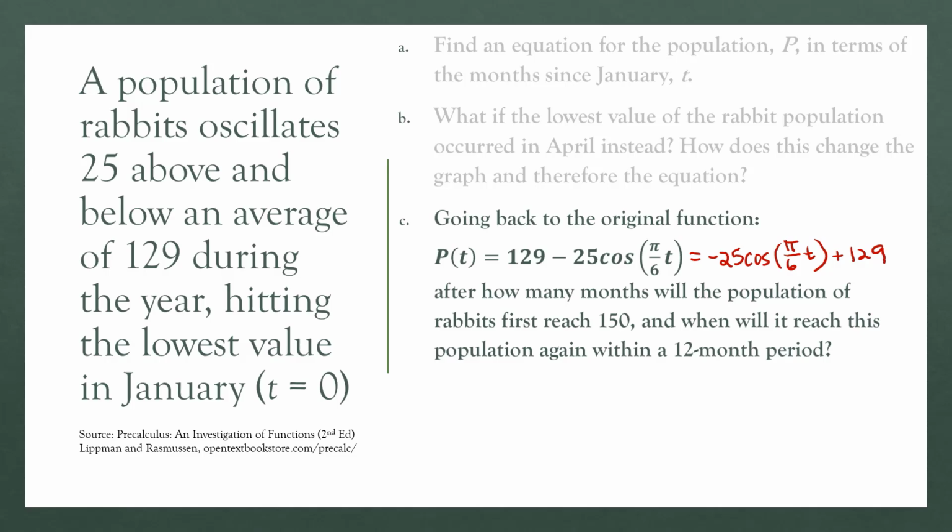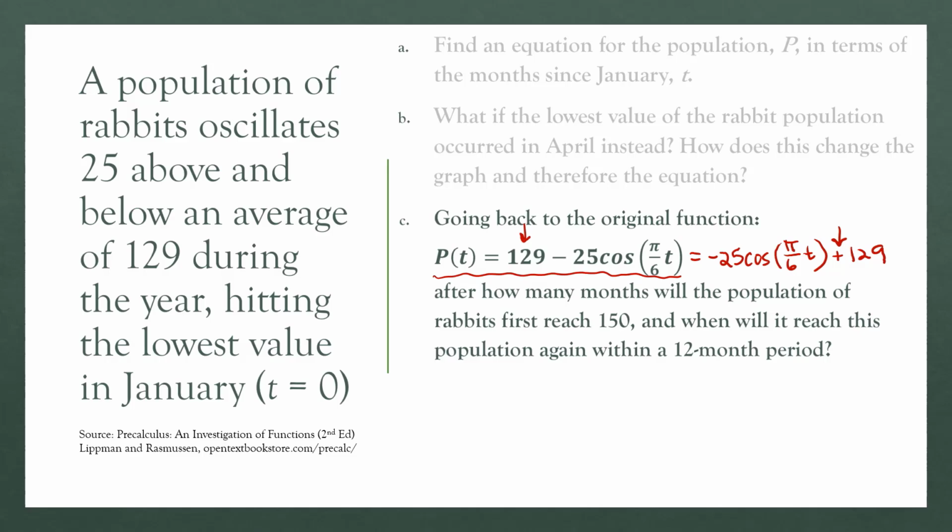Are those the same? They are. The reason why I typed it out this way is because typically what you're going to see, if possible, is that leading terms are preferred to be not negative. And so putting that 129, which is a positive value, up front is preferred. So we just use the commutative property and we reverse the order of those two terms.